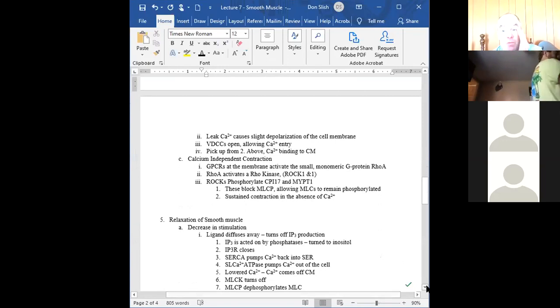So just to go over the mechanism again, the cell stretches, a little bit of calcium comes in through these leak channels that activates the voltage-dependent channels, more calcium comes in, and then you're back into the calcium calmodulin system and the cell contracts. Okay, so pretty simple mechanism, but that's pretty important too. And like I say, we use a lot of calcium channel blockers to control blood pressure. So that is important for us. Okay.